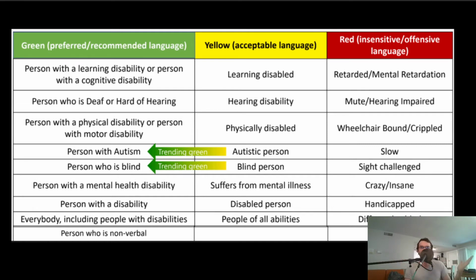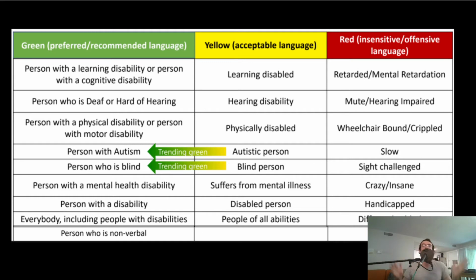Sorry, I know this table can be a bit overwhelming, but you can come back to it for reference. If we look at everything in the green column, it always starts with person. Person with a disability, person who is blind, person with autism. Like I mentioned, this is not neutral by any means. Some communities definitely prefer other types of language, but this is best practice.